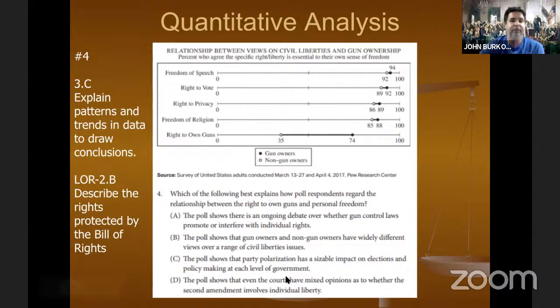The poll shows that even the courts have mixed opinions as to whether the Second Amendment involves individual liberty. What? Where's anything about this? So yeah, quantitative analysis can be so easy because it's about where this is all coming from. All right, so we're looking at A as the best answer.